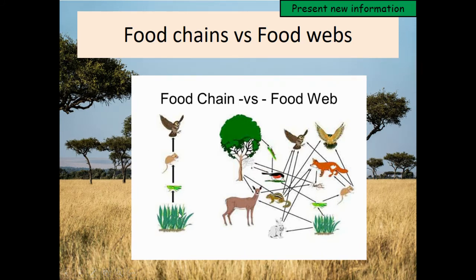Okay, so in this food chain, the owl is at the top of the food chain. And the arrows show where the energy is passed from. So the plant's energy goes into the cricket, because the cricket's eating the plant, so it's getting all of its energy. You get energy from eating food.